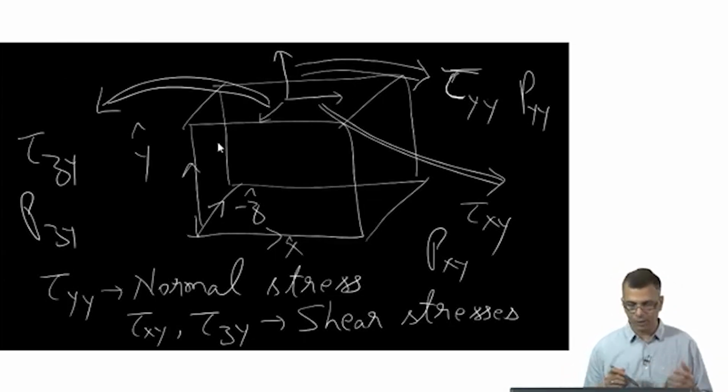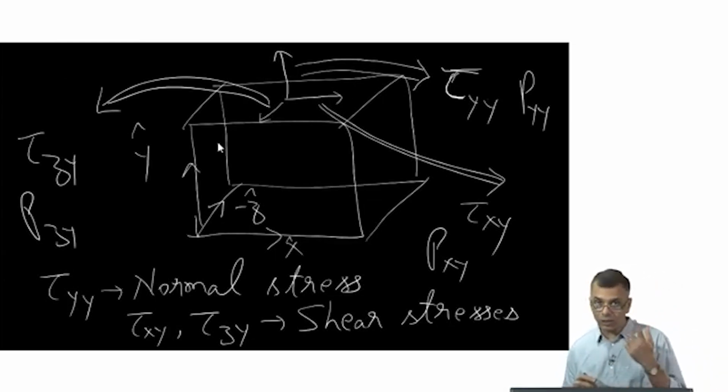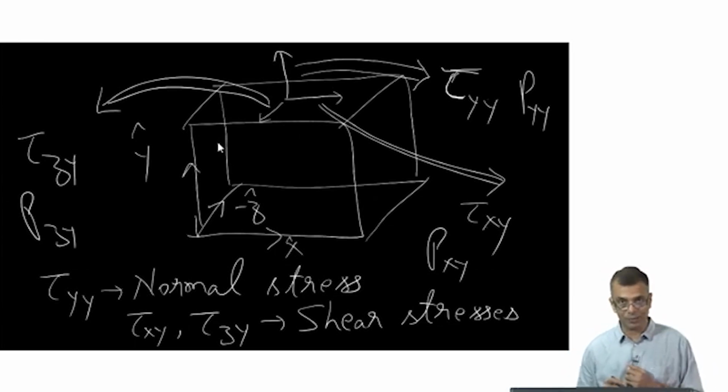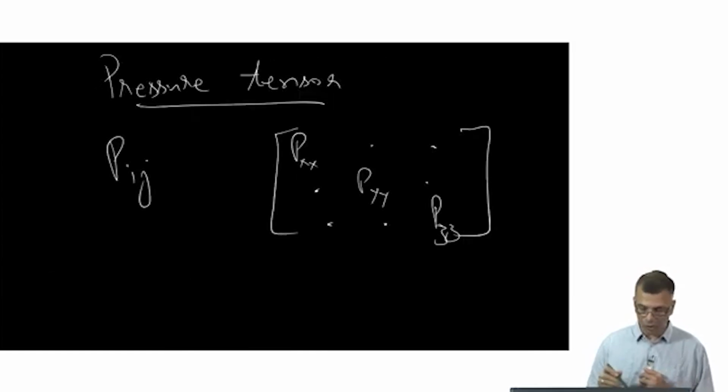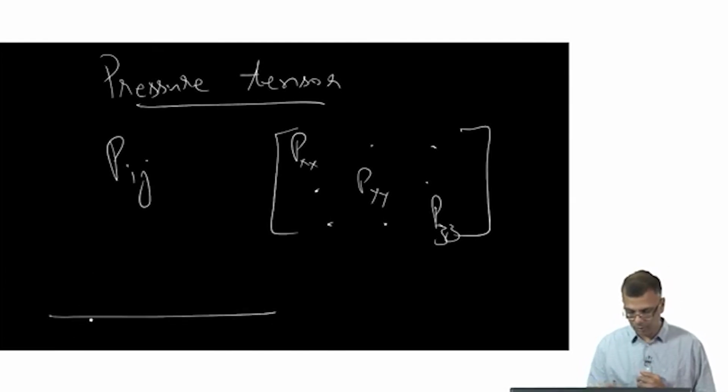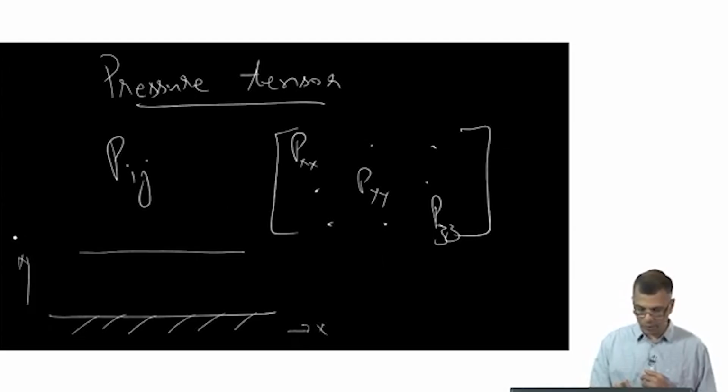If there is no shear, in other words, and remember shear is associated with viscosity. The whole concept of shear is that you consider a fluid that's flowing like this, with the x direction and the y direction, and you have a gradient in the x directed velocity with respect to y.